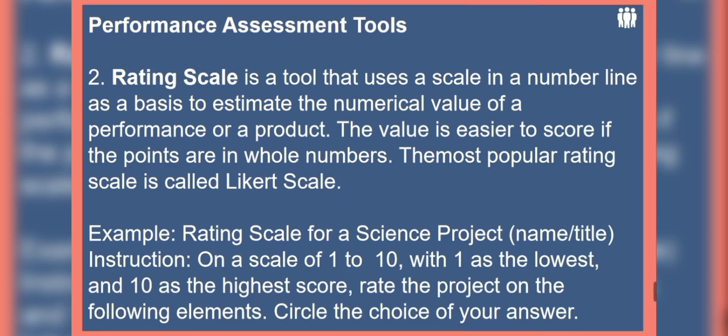For instance, a rating scale for a science project: on a scale of 1 to 10, with 1 as the lowest and 10 as the highest score, rate the project on the following elements. Circle the choice of your answer.